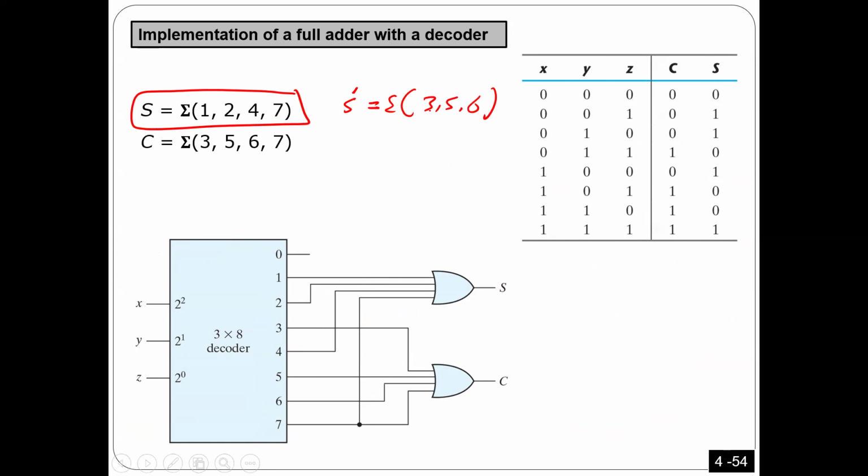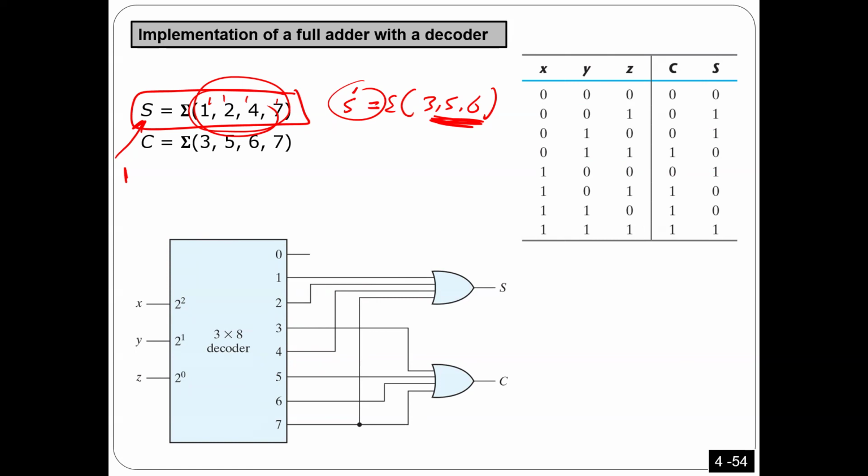This should be S prime. What does it mean? Very simple. It means if any one of these minterms is 1, the function has to be 1. But if not, that means one of these should be 1, right? So I have to get 0, the inversion of the function. You got what I'm saying?